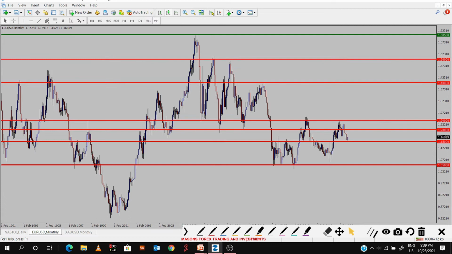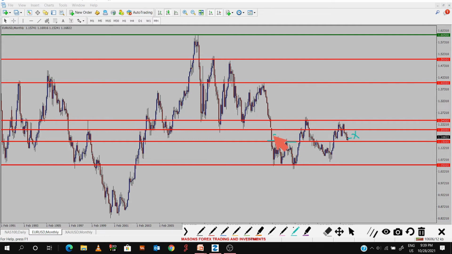So how can we use it to project our price? Currently we have a bar which is forming here. Let's call it X. You can see it's moving away from the 1.1500 level.